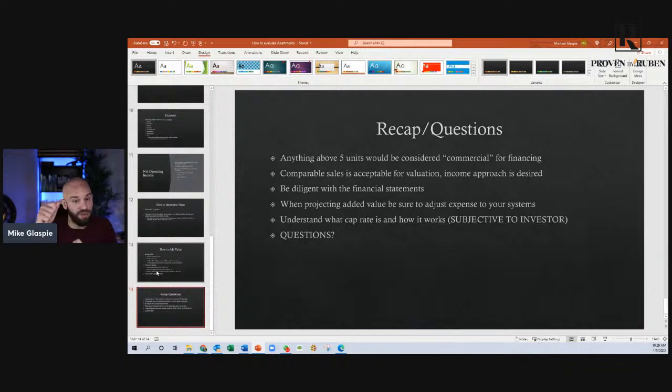Because brokers are smart, they may see it, make a couple of adjustments and say, yeah, it counts, it's 161,400, therefore I can give it a 5.38 cap rate and here's the value. They know how people tend to look at it. But you have to be a little more keen and make sure the numbers make sense. Make sure they're adding back the right things and taking away the right things too.